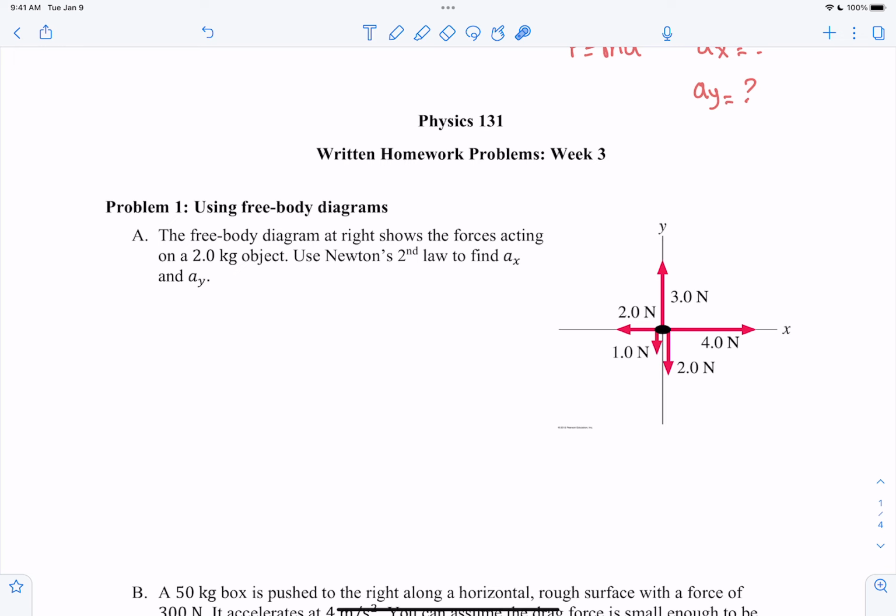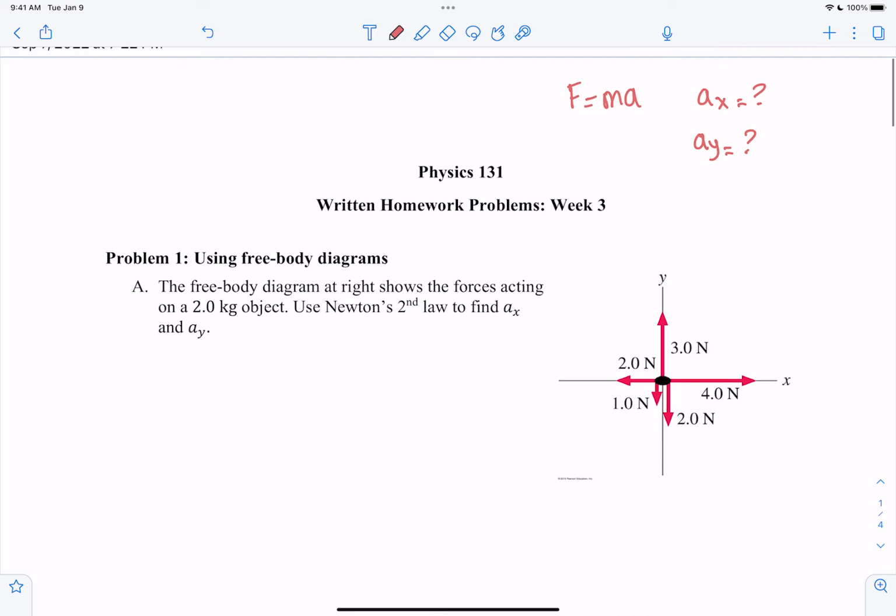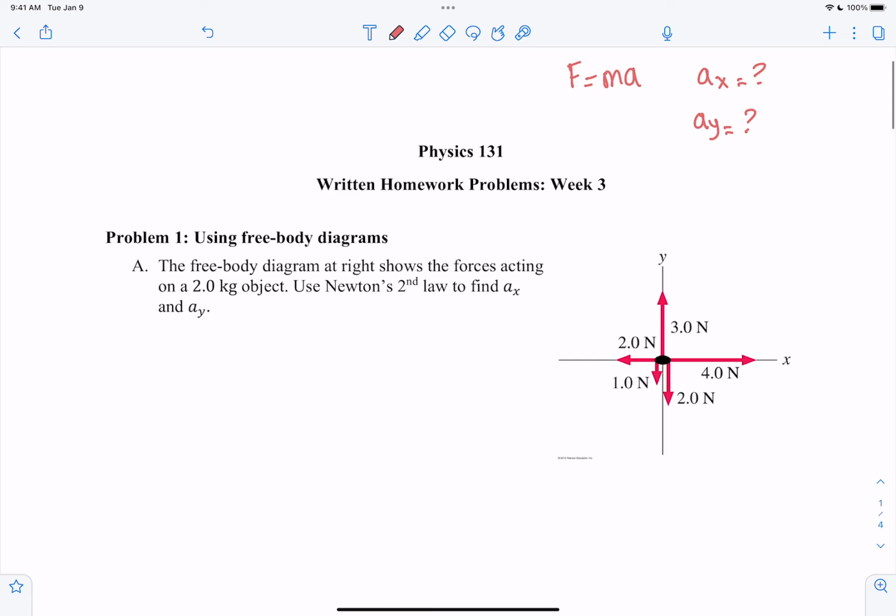So, hopefully you guys can see this writing. I haven't written anything down yet, but let me know if the writing is blurry or if it needs to be refreshed. But basically, you have F net x and F net y, right, as the two components of the net force that you're trying to figure out.